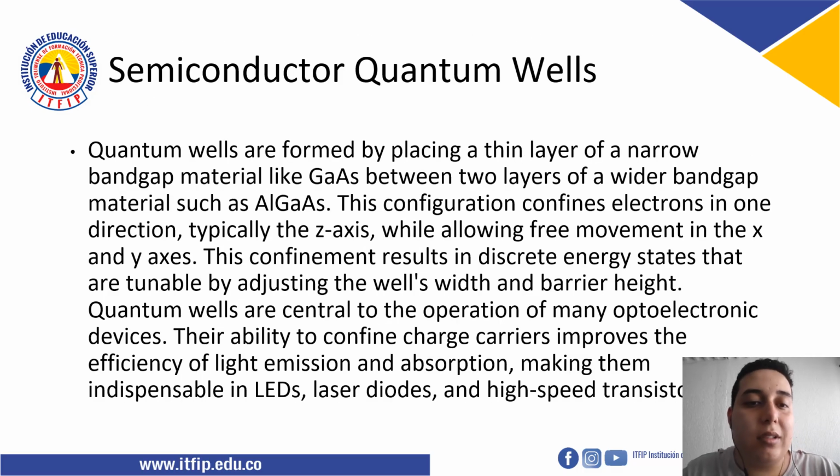Semiconductor quantum wells. Quantum wells are formed by placing a thin layer of narrow bandgap material like gallium arsenide between two layers of a wider bandgap material such as aluminum gallium arsenide.